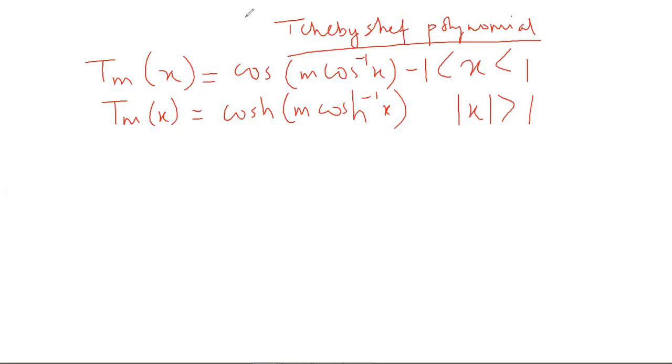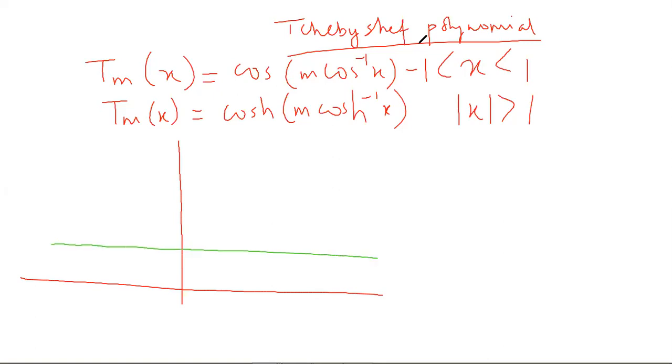So, understand that. I'm plotting this. Let's say these two lines correspond to +1 and -1.